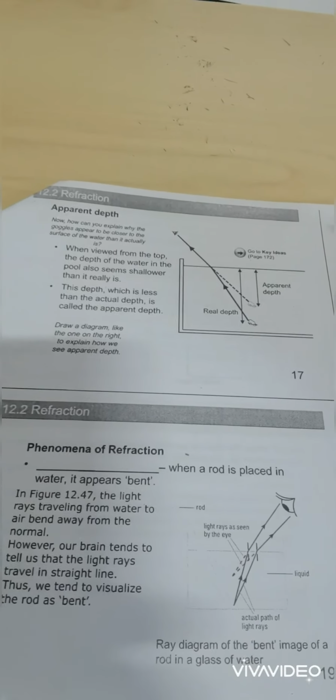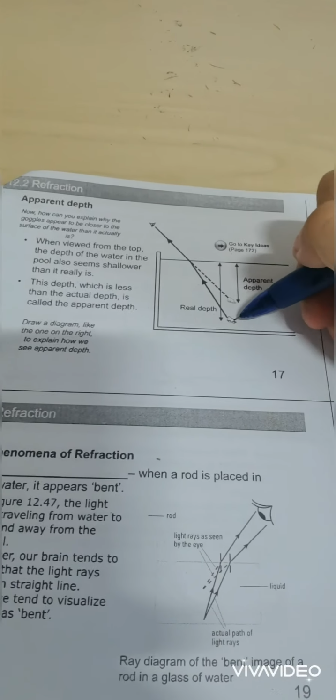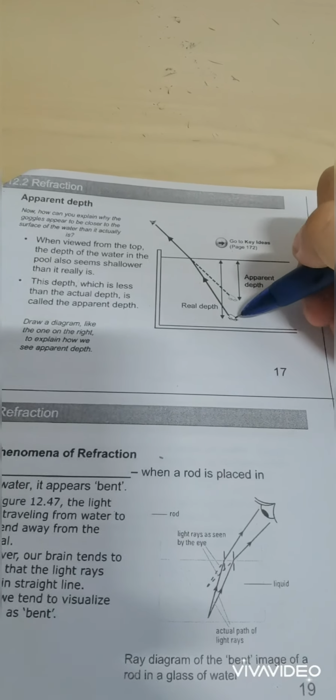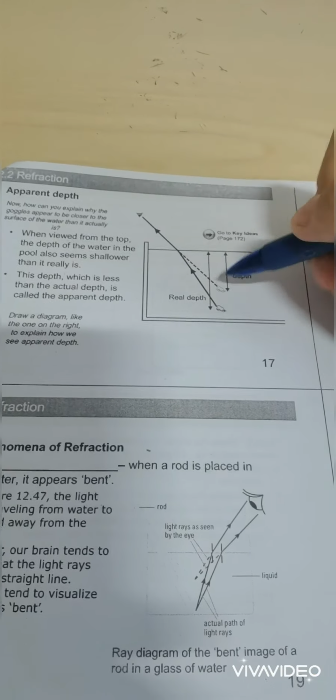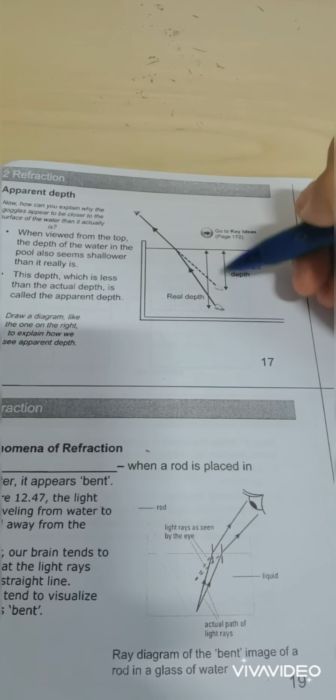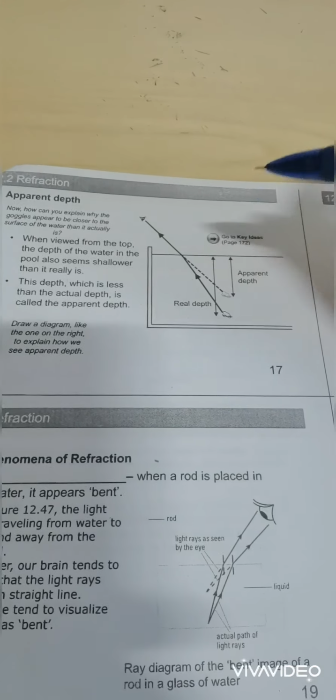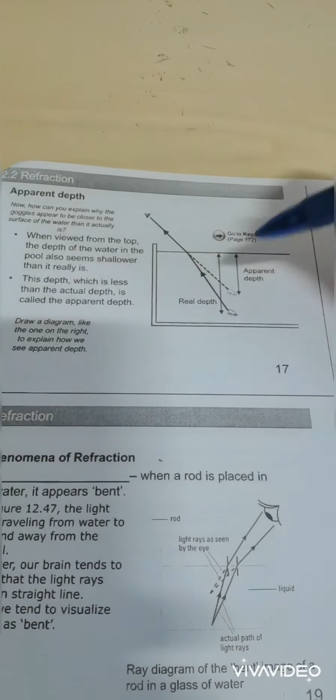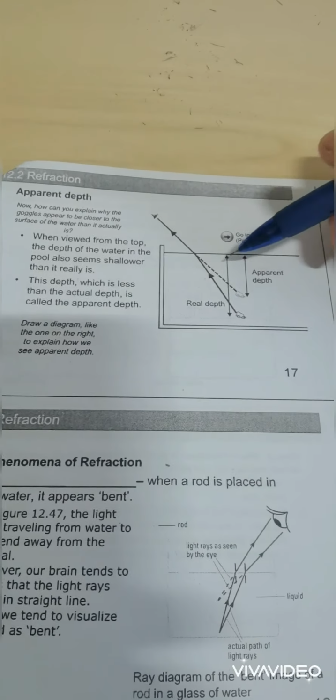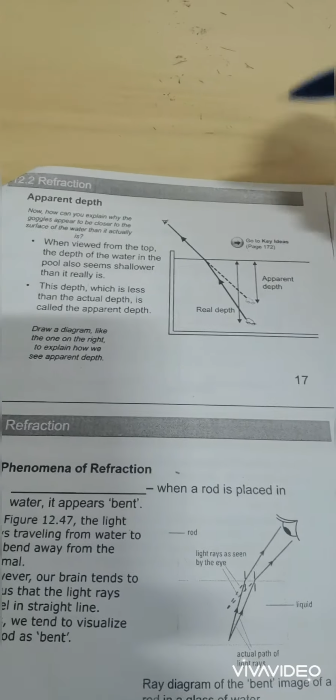Remember at the start of the chapter, we talked about the swimming goggles at the bottom of the swimming pool appearing to the person looking at it to be closer to the surface of the water than it actually is. So how do we use refraction and ray diagrams like this to explain what is seen?